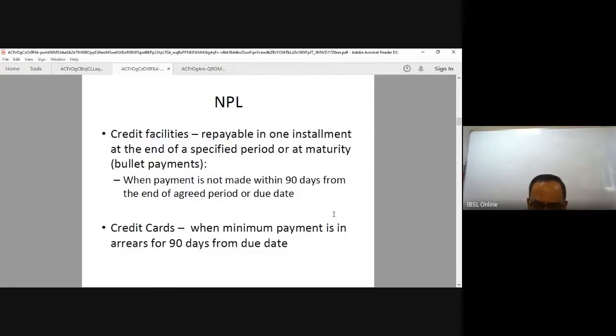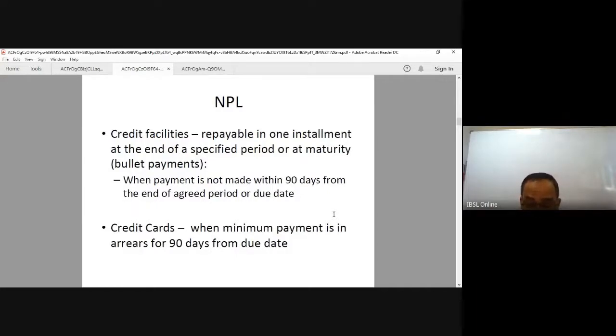So credit cards are also the same, right? Minimum payment from the due date, 90 days. People already get 45 days of credit, right? So after 45 days of credit from the due date, you are looking at another 90 days.